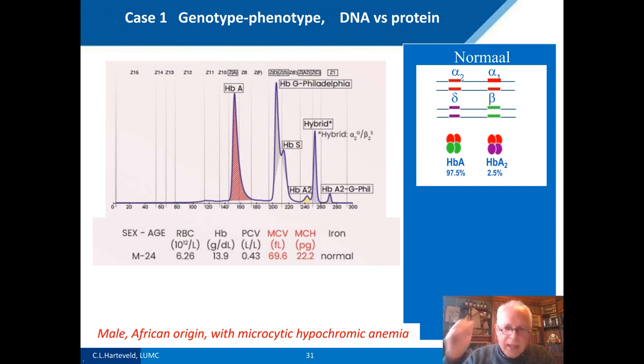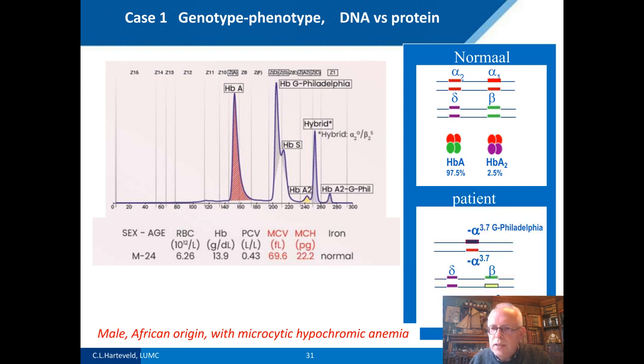Okay, I'll go through the cases now. I have 7 cases. One case is the genotype-phenotype correlation in this African male. He has microcytic hyperchromic anemia. We see a lot of peaks, and DNA analysis shows us that this patient is homozygous for the so-called 3.7 deletion, a rightward deletion, which means that he is missing 1 alpha gene on each allele.